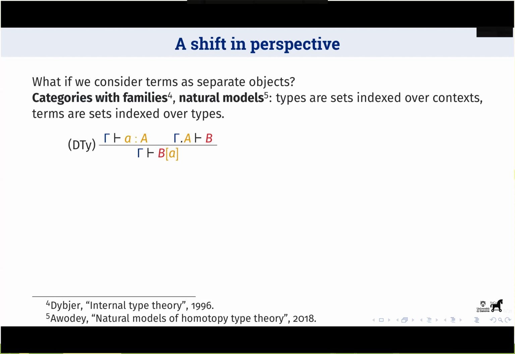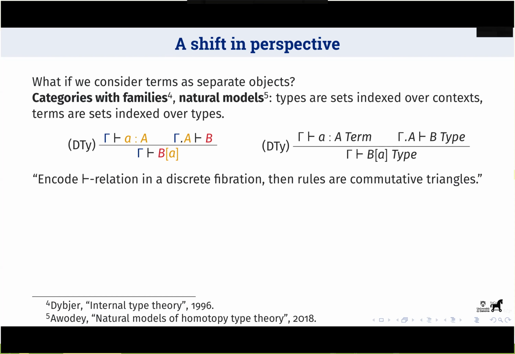And this makes sense if we think about the rules that we started from, because we have two different kinds of judgment: judgments concerning terms, and judgments concerning types. So even if they are related, they have to be dealt with in a separate way.